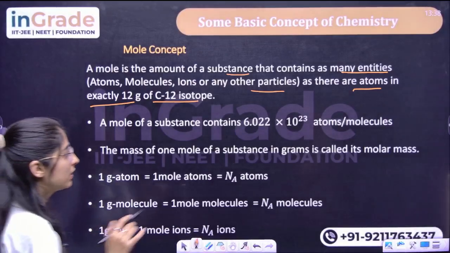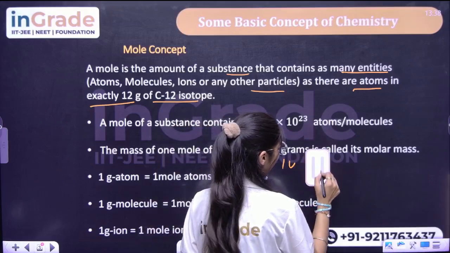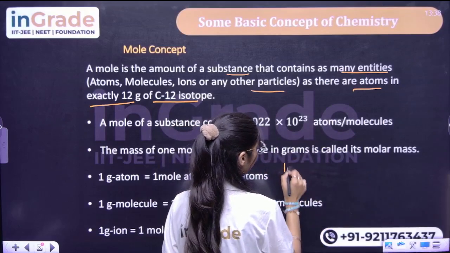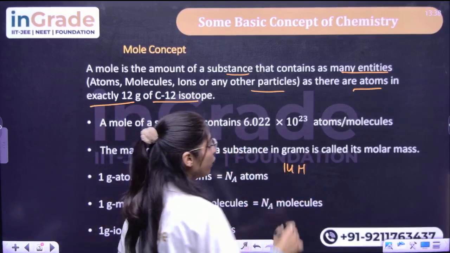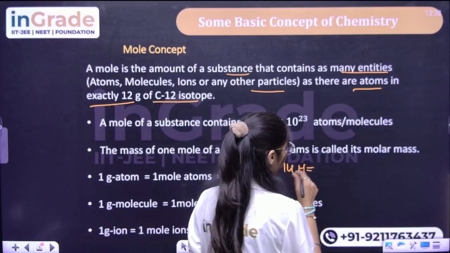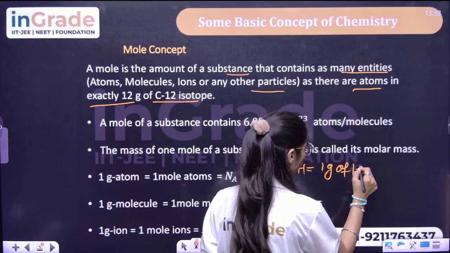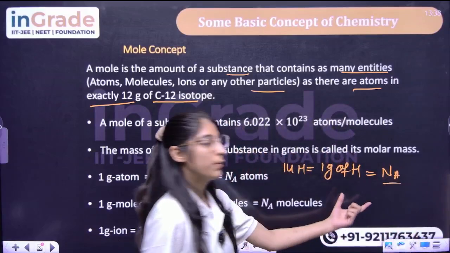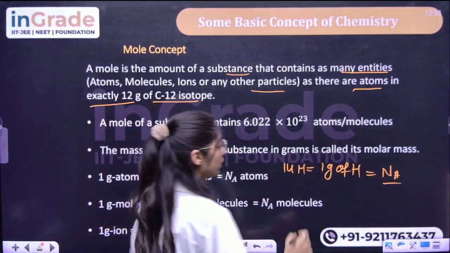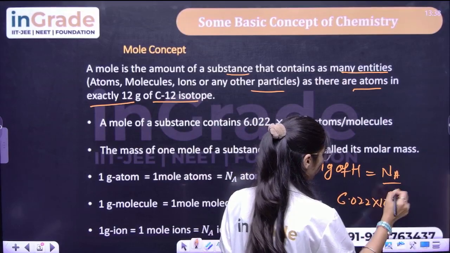It simply means that let's say 1 u of H, that means 1 unified mass of your hydrogen atom. If I want to write it in grams, then I would say 1 gram of H is equal to Na, where Na represents your Avogadro's number, which is 6.022 into 10 to the power 23, right?